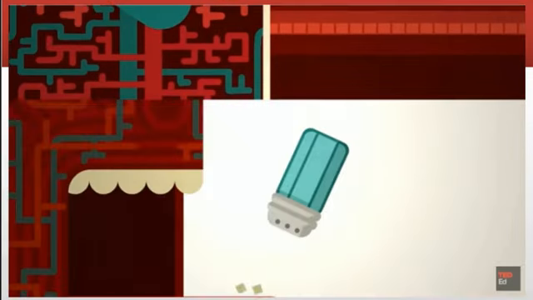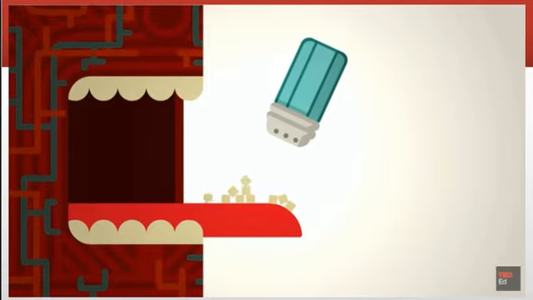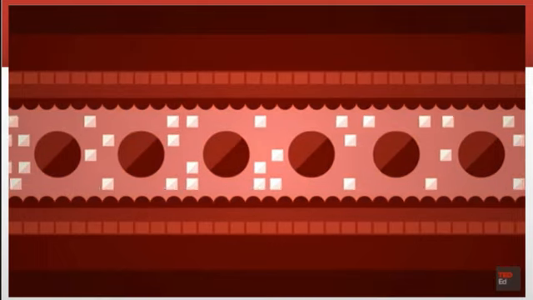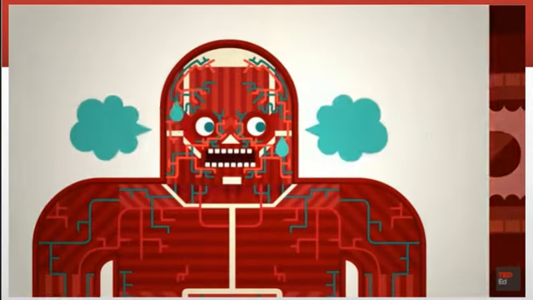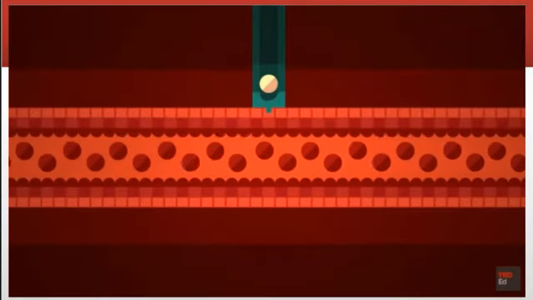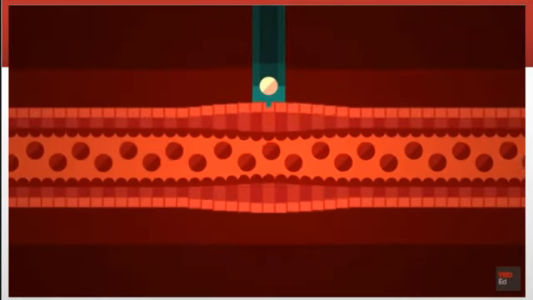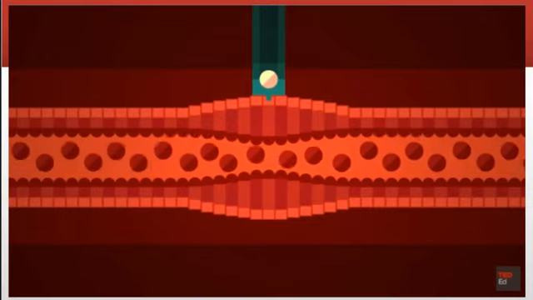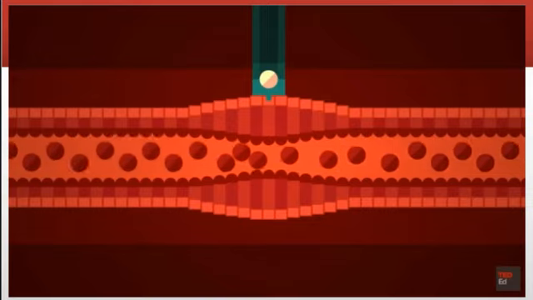A high salt diet will lead to a similar result. The salt promotes water retention, and the extra fluid increases the blood volume and blood pressure. And stress, like the fight or flight response, releases hormones like epinephrine and norepinephrine that constrict key vessels, increasing the resistance to flow and raising the pressure upstream.